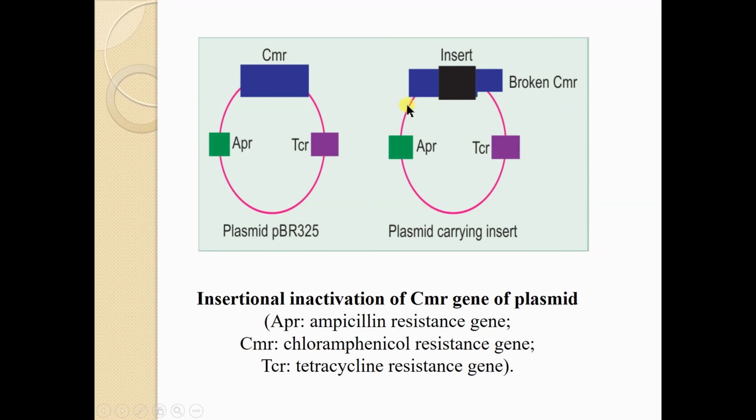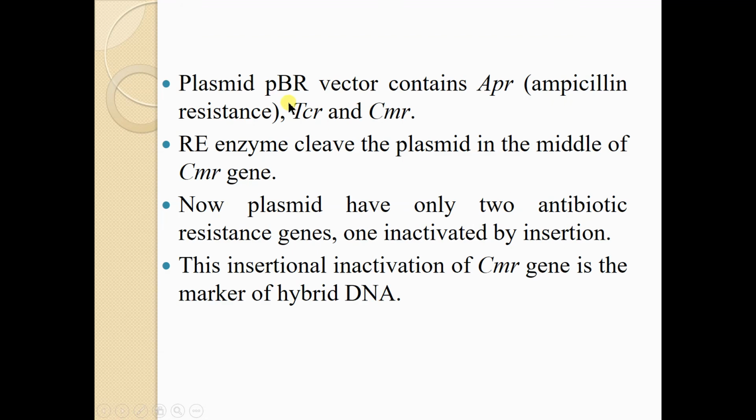Now this plasmid containing our interested DNA, that is the chimeric DNA, has only two genes which give protection against two different antibiotics, ampicillin and tetracycline. The pBR vector contains ampicillin, tetracycline and chloramphenicol resistance genes.